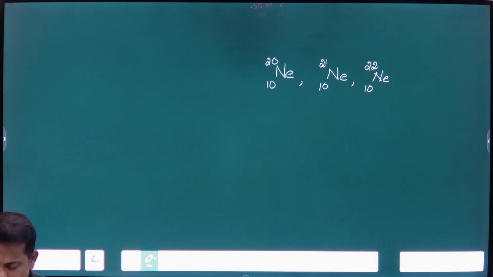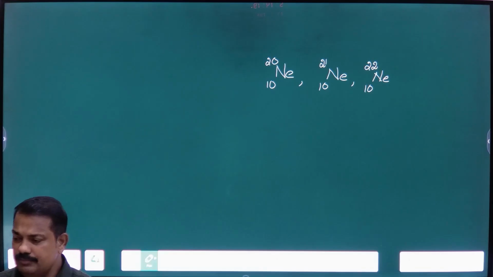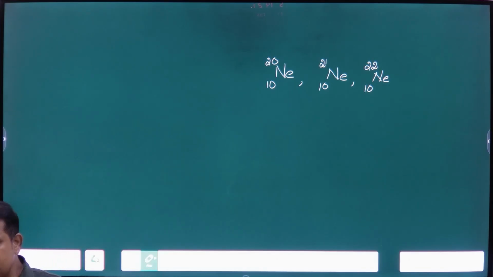Next question. Why do isotopes of an element have different mass numbers? Anyone? Due to neutrons. Yes, very good. Different number of neutrons.